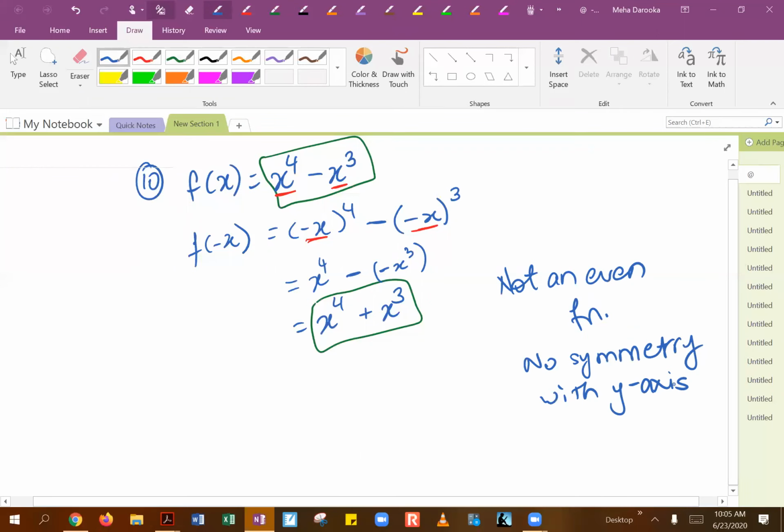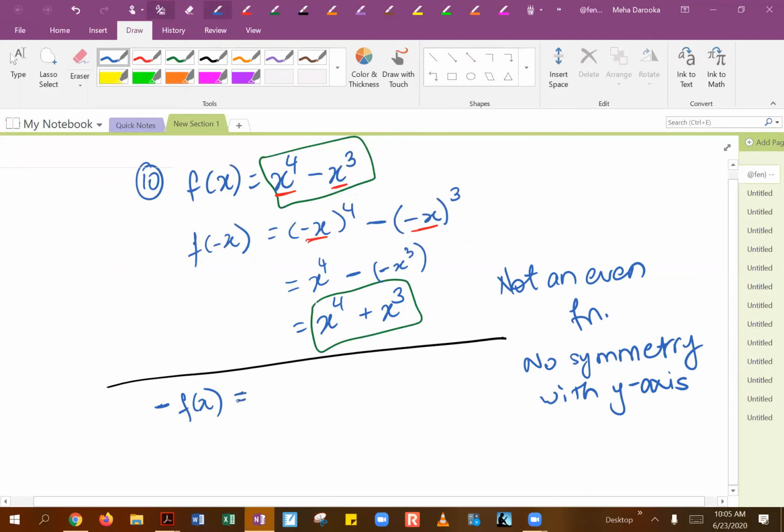Okay, so we've made the decision it's not an even function, but then is it an odd function? Do we have symmetry with respect to the origin? Remember, for it to be an odd function, you basically have to have a negative on the original function. So what happens if I put a negative sign in front of my original function?